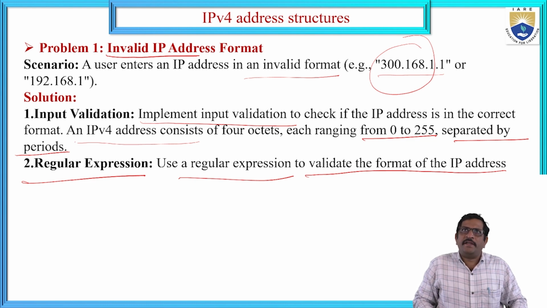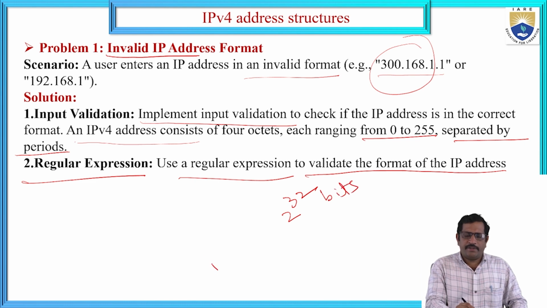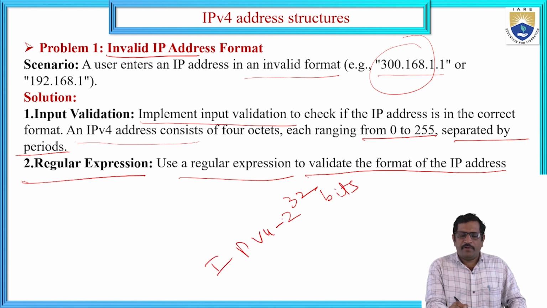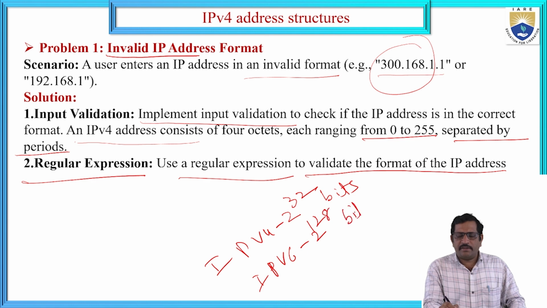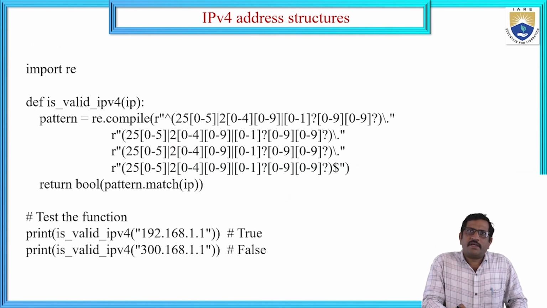In IPv4, 2 to the power of 32 bits can be transferred, and in IPv6, 2 to the power of 128 bits can be transferred. Here is the IPv4 address structure.